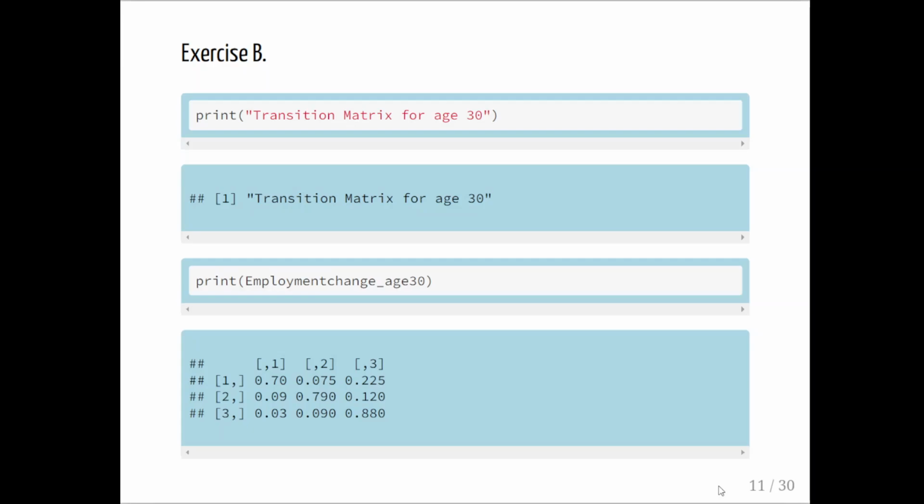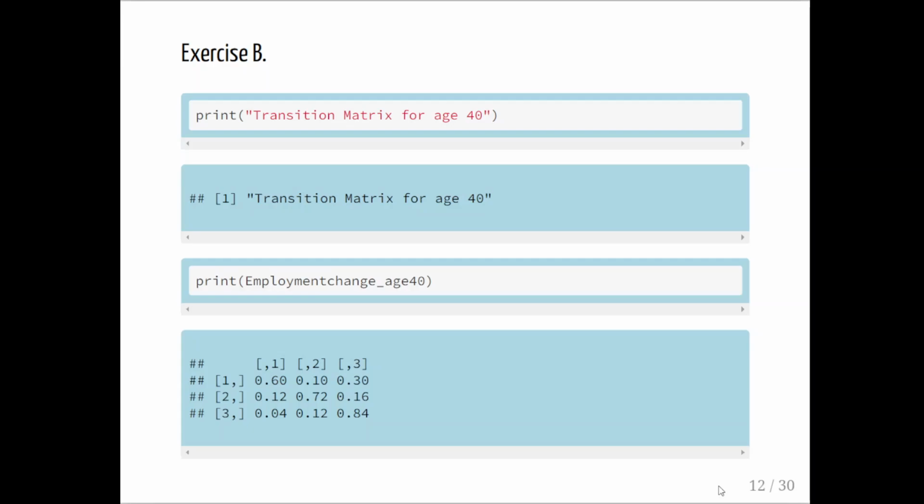Moving on to age 40, something very similar there. Yes, 0.60, 0.10, and 0.30. That's the top row again, just to compare and contrast. So depending on what the input is, 30, 40, etc., it will create the appropriate matrix.